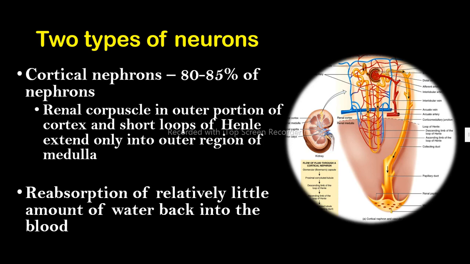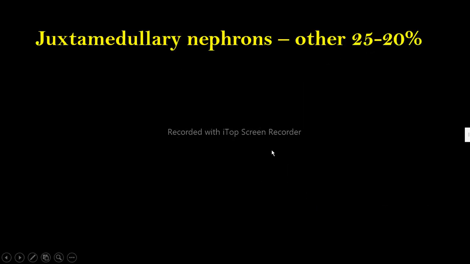So these organisms excrete large volumes of water compared to other organisms with juxtamedullary nephrons.